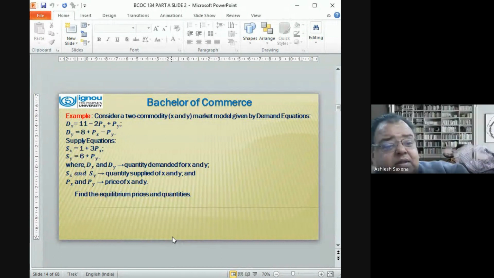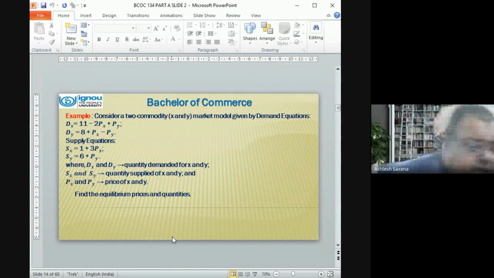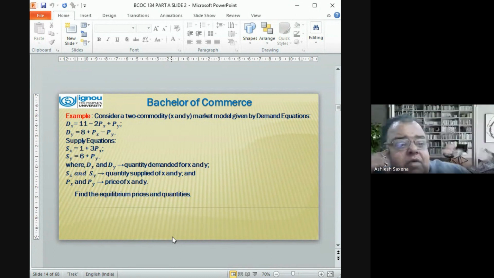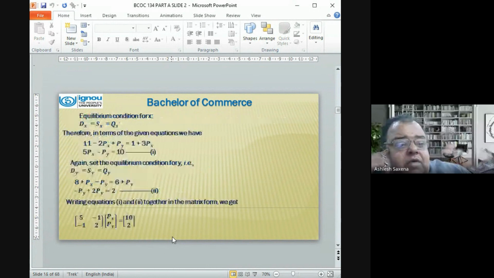Supply x will be equal to 1 plus 3px, and supply y will be equal to 6 plus 3py, where dx and dy are the demand quantities of x and y, Sx and Sy are the quantities supplied of x and y, and px and py are the prices of the commodities. Now we have to find the equilibrium prices and quantities.